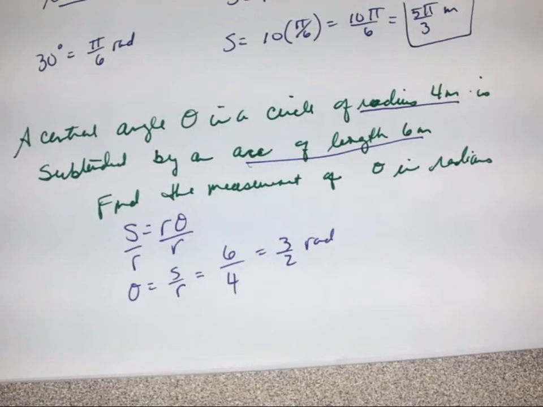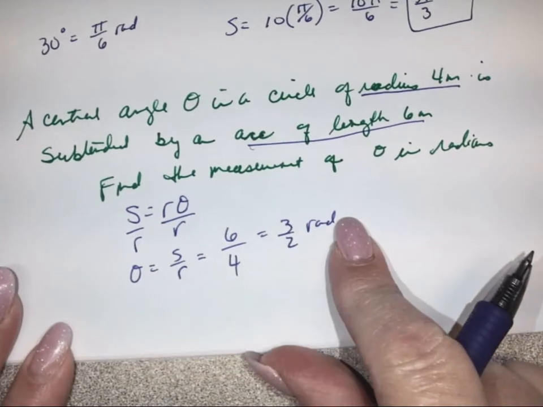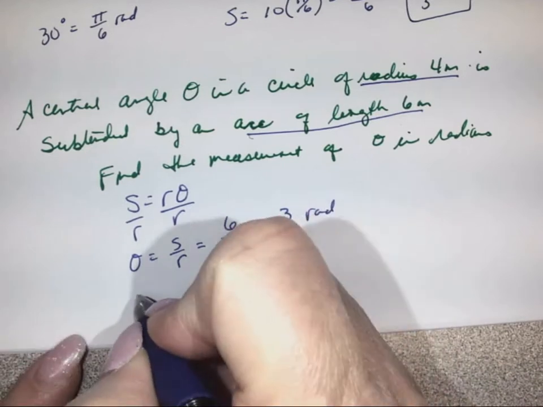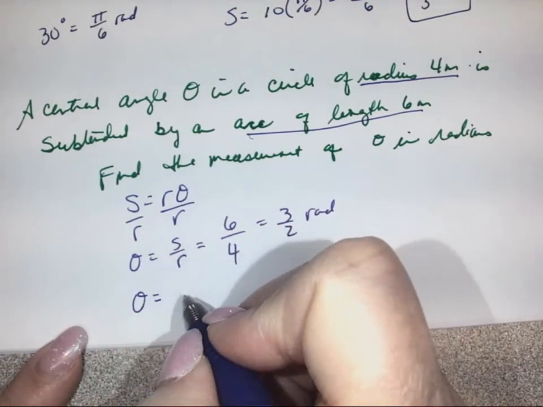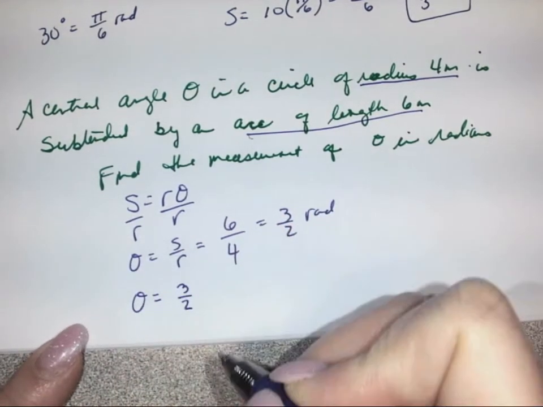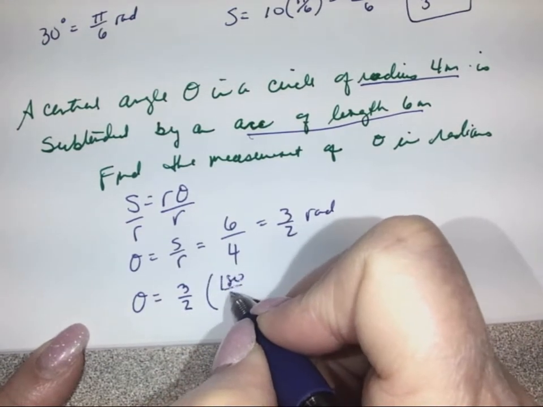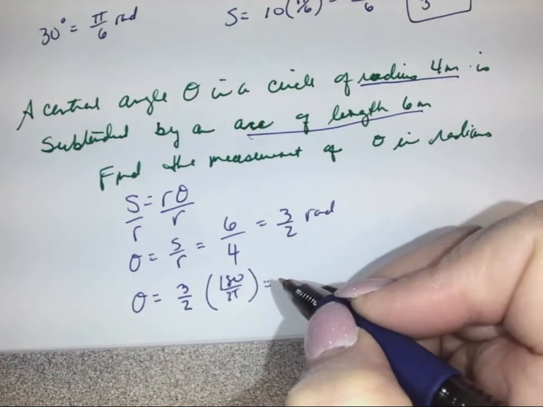Now, if they also wanted us to find it in degrees, we could do that. If we want to find this in degrees, since that's radians, we can use the skills we've already learned. Theta is equal to 3 over 2, and we multiply by 180 divided by pi.